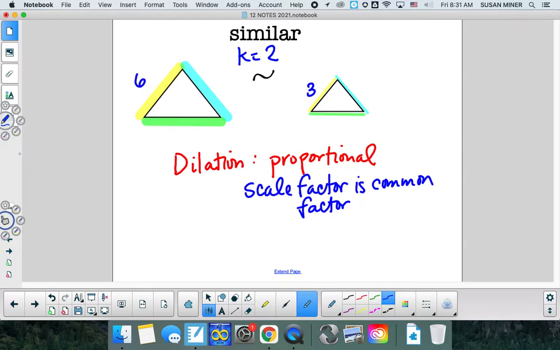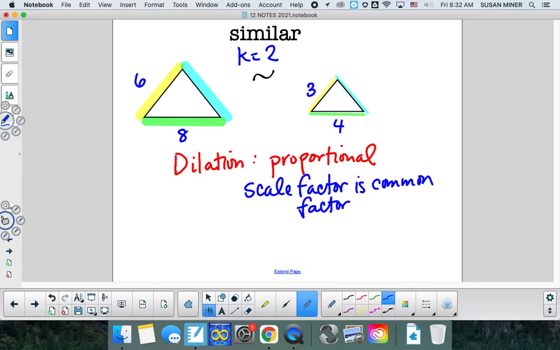And what that would mean is that if I perform my dilation, remember all of the sides have to stay within that same scale factor. And so let's say this side was 8, then the side length that matches up over here on this similar shape would have to be 4. That scale factor has to stay in common, even though one is bigger than the other, right?